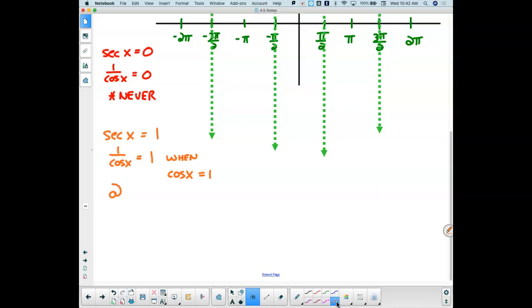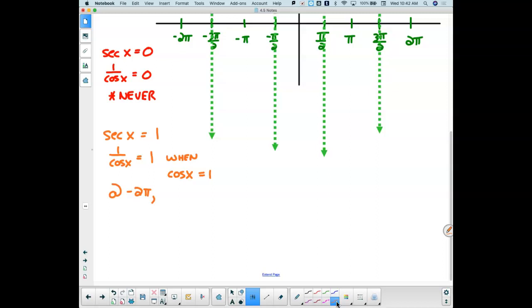Nope, you weren't right. 2 pi is all. Because pi, it would be negative. Just pi. 2 pi. And what? Negative 2 pi? Positive 2 pi?